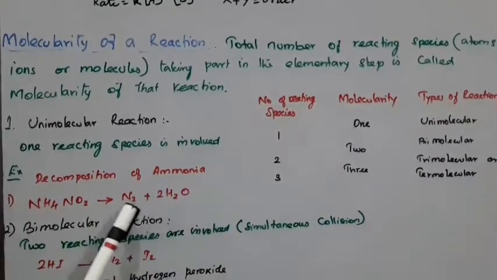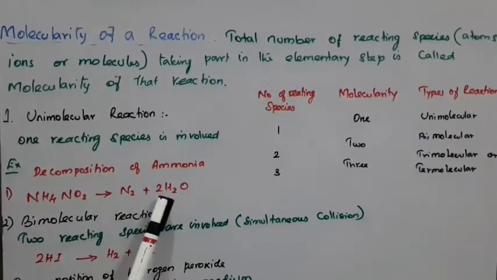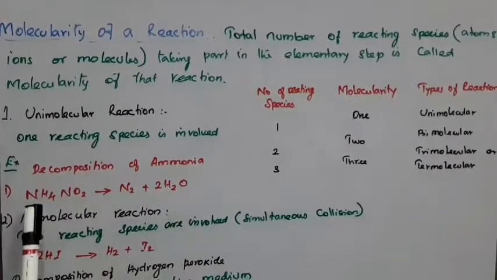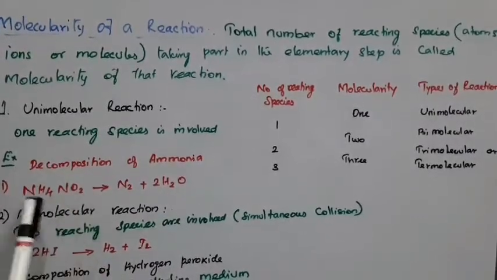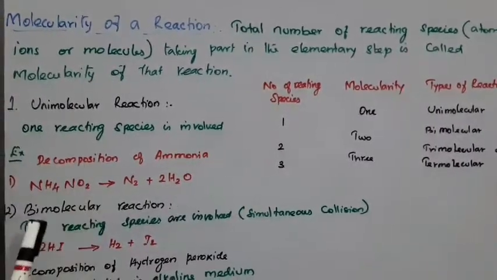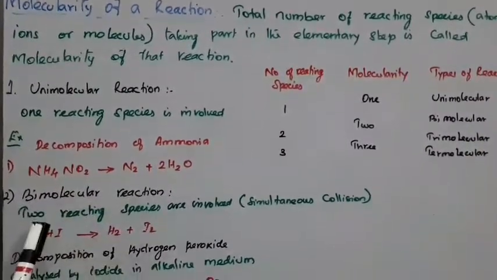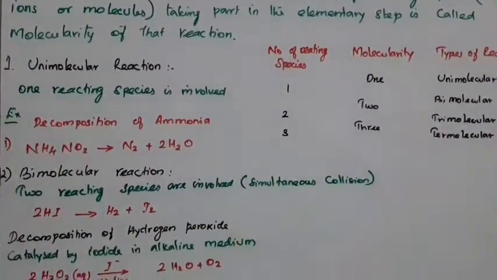We can get two products here, nitrogen dioxide and water. So this is one reacting species involved in the chemical reaction. Its molecularity is 1.